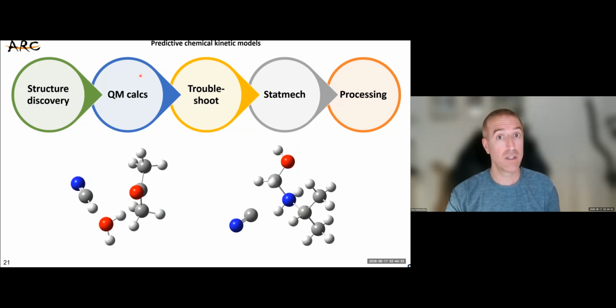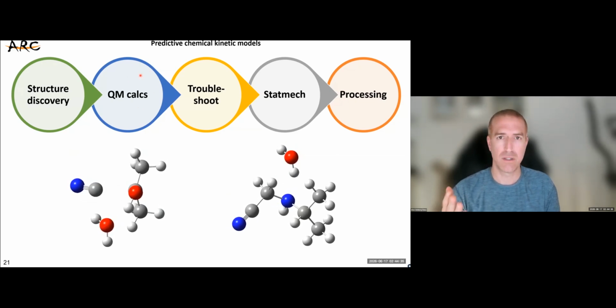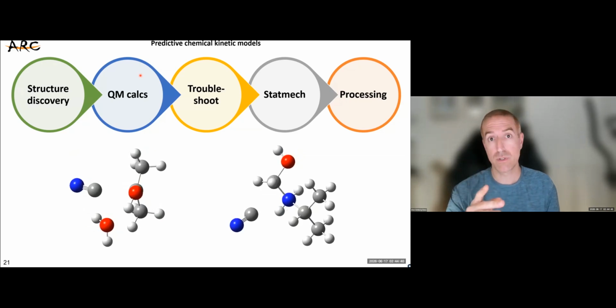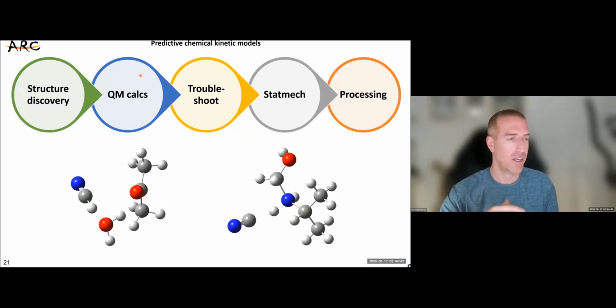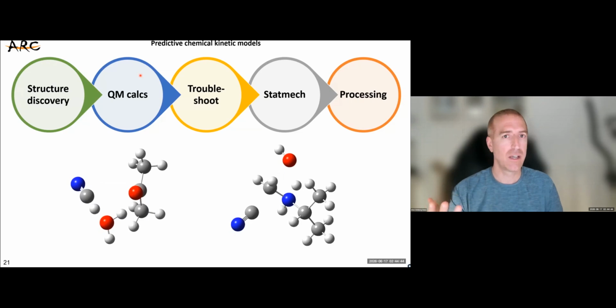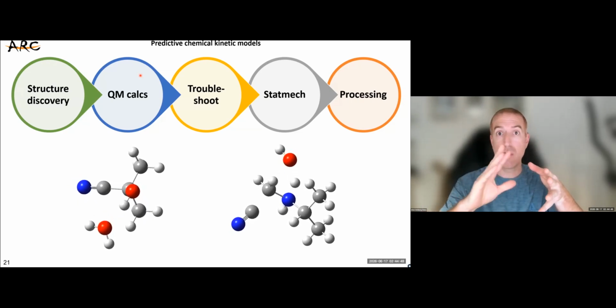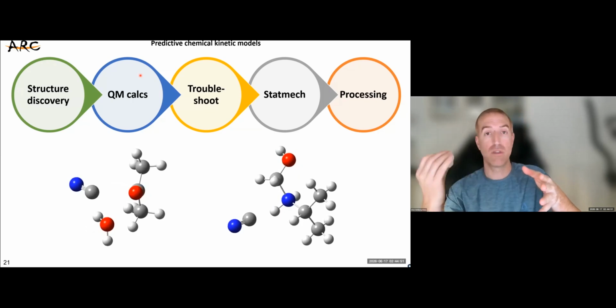Then it runs the quantum mechanical calculations. It can run them locally on the computer where you're running. It can run them on a remote server. It will SSH into the server. It can run them on a cloud. It can run on a server, run some computations on it, and some other computations by SSHing into another server.